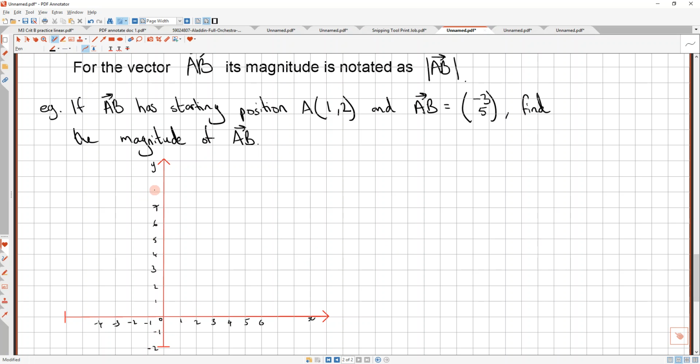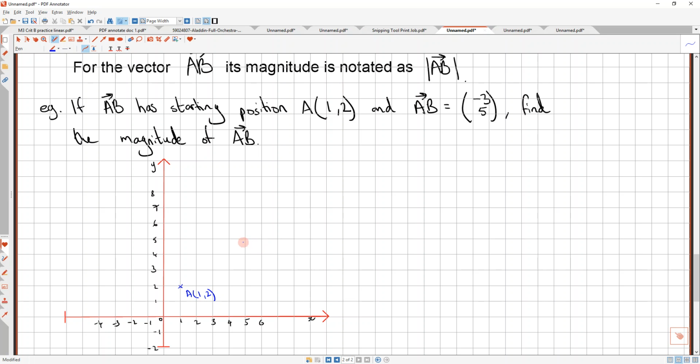So the first thing I'm going to mark on here is A, which is 1, 2. So that is point A. And then to show the vector A to B, how do I do that?